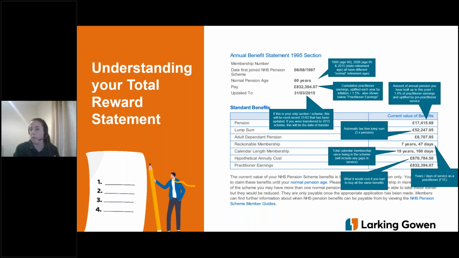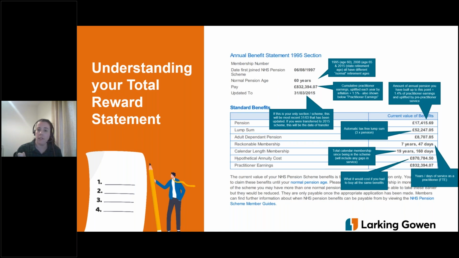So that should, if you get a membership statement, tie back to that pre-practitioner. The calendar length membership can be, again, a bit of a red herring because that is the total time you've been in the scheme. So it will include gaps if there were any. So it's not always that helpful when looking at this kind of uplift for pre-practitioner service.